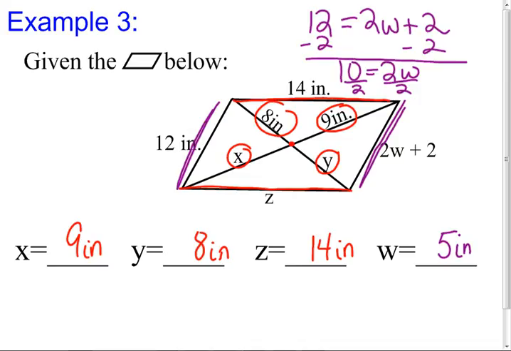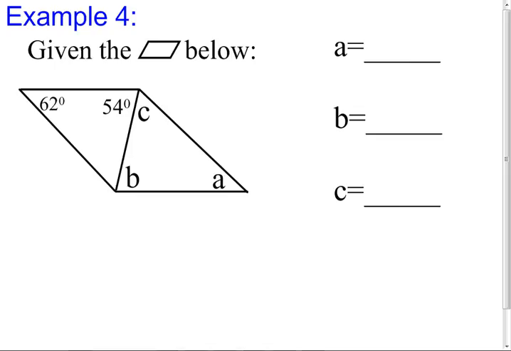Okay. Try the next one. Give you some time to try it. A is pretty easy. And there's a variety of ways to get there. Okay, so how big is A? Yeah.